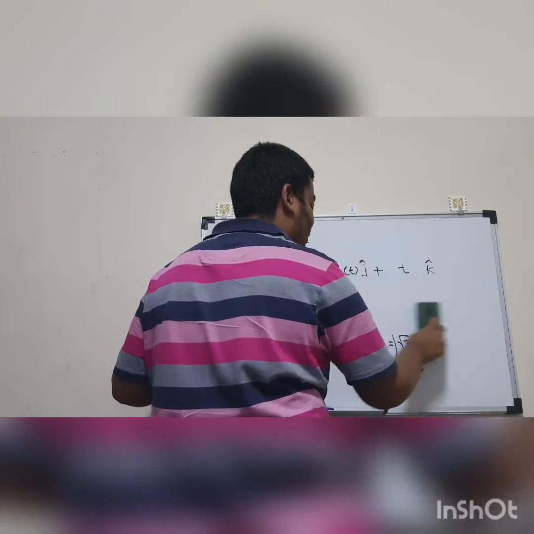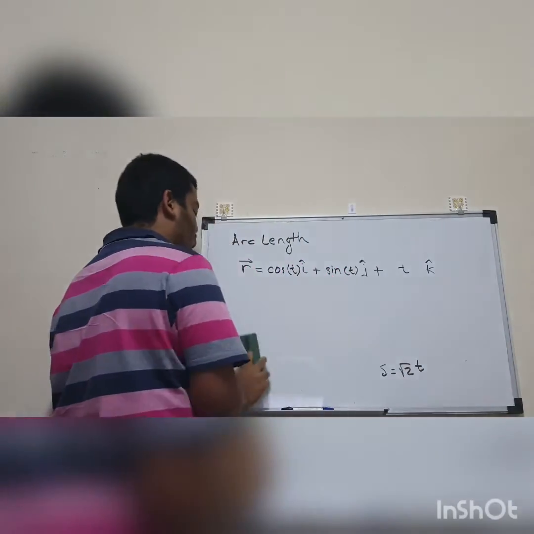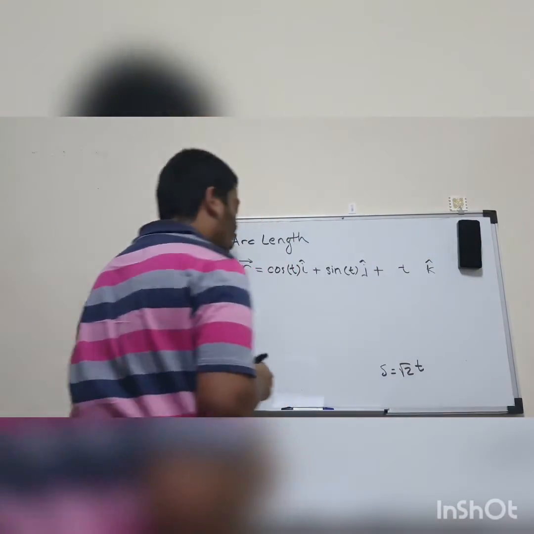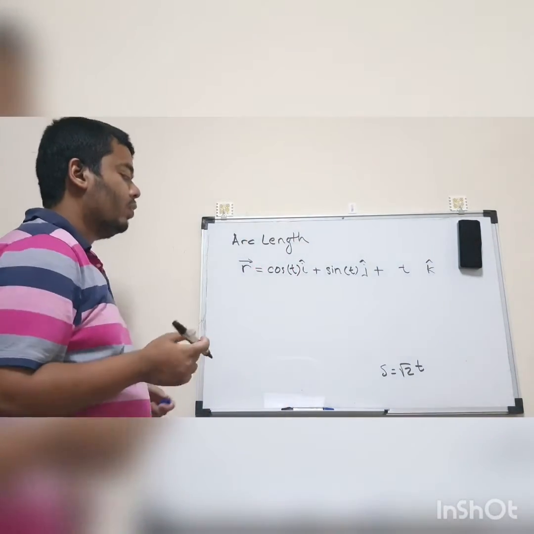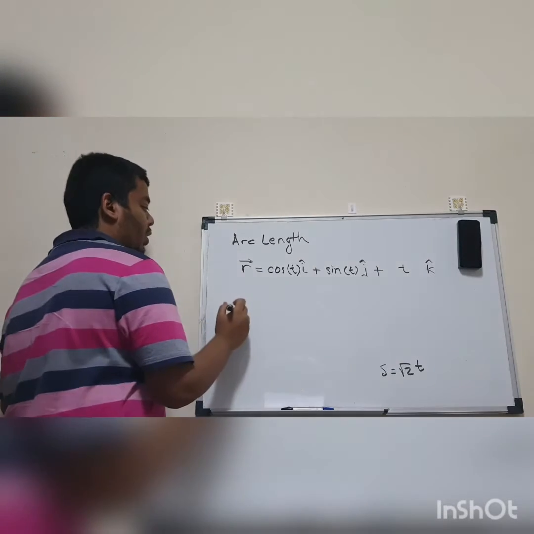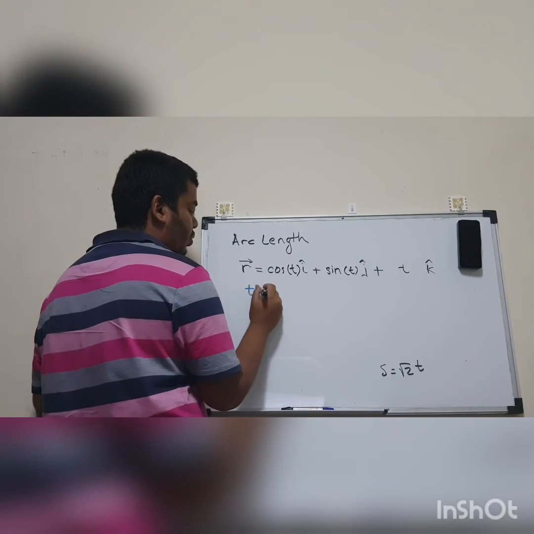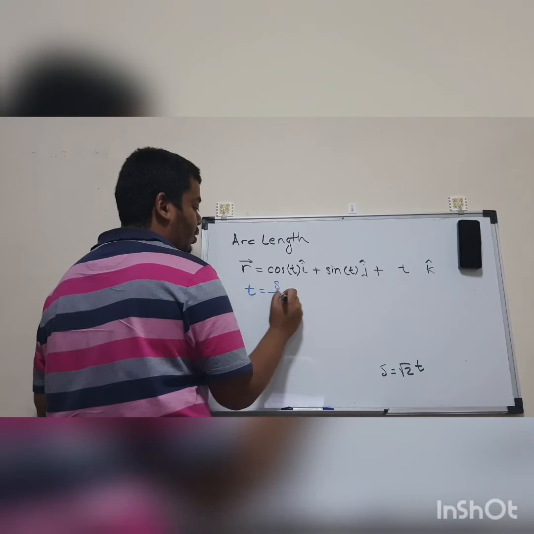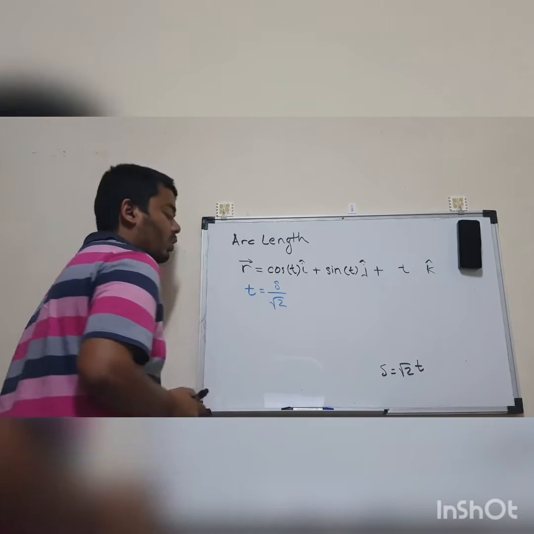When we have that s is equal to square root of 2 multiplied by t, we can always replace t by t is equal to s over square root of 2. Got it?